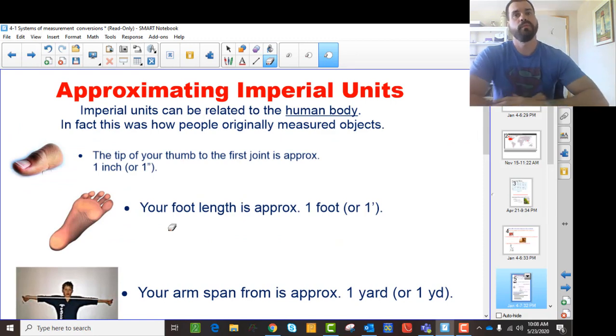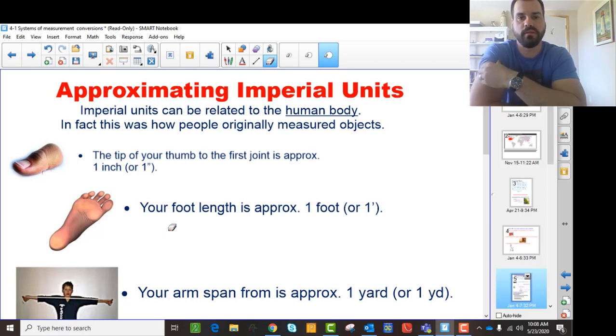Okay, so it's helpful to figure out, first of all, where the imperial units came from and what are approximate values for them, so you can judge what unit is best to use to measure something. So think about an inch as about from the tip of your thumb to the first joint. Now obviously that is not a standard measurement because some people's hands are bigger than other people's, and same thing with your feet.